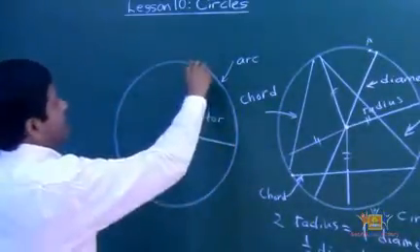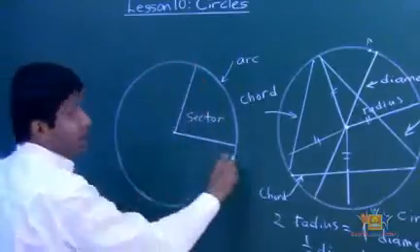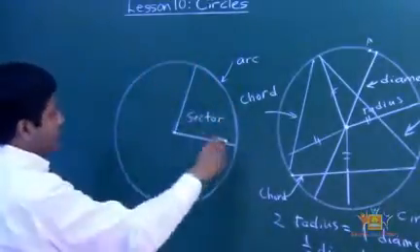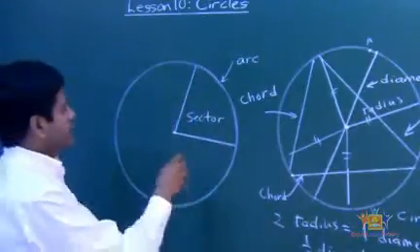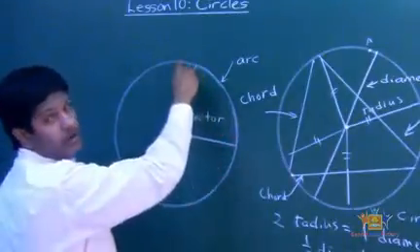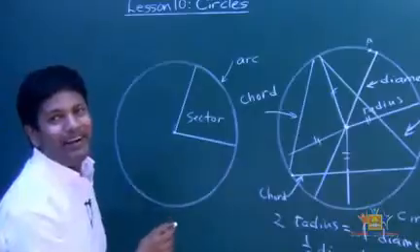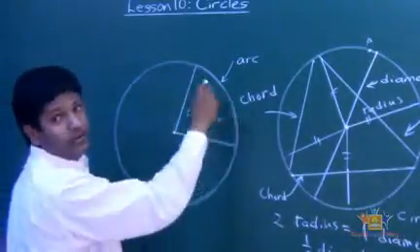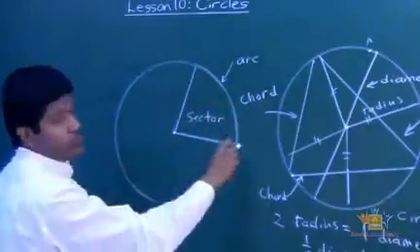Now this is a minor arc, this is a major arc. This is a minor sector, this is a major sector. So you got a small piece of pizza compared to a big piece of pizza. That's why this is a minor and this is a major, but you call that a sector, and this one you call a major sector.